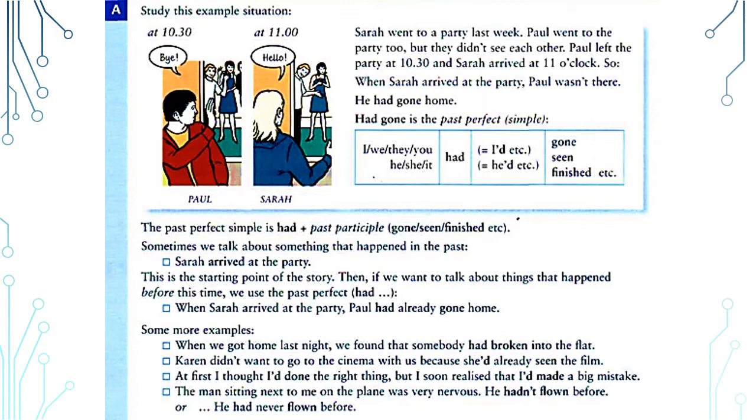We have here in this box examples. I, we, they, you, he, she, it. All the pronouns and the nouns, singular and plural, take had. No change. Whereas with the present perfect, we have had and has.